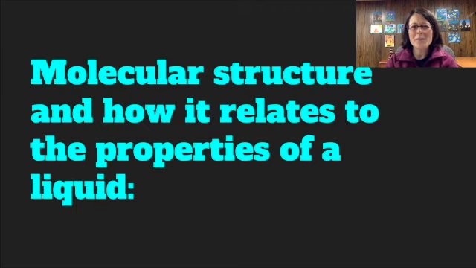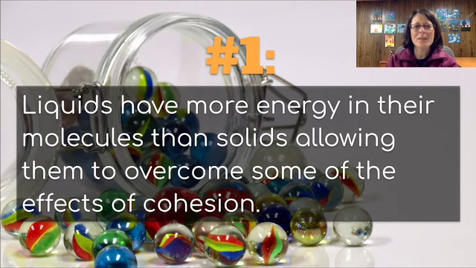So let's talk about the molecular structure of a liquid and how it relates to its properties. So 3 things, just like for a solid. Number 1, liquids have more energy in their molecules than solids, allowing them to overcome some of the effects of cohesion. So cohesion really held those molecules in place.